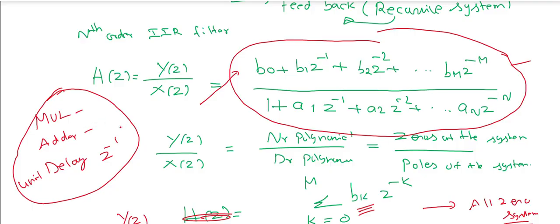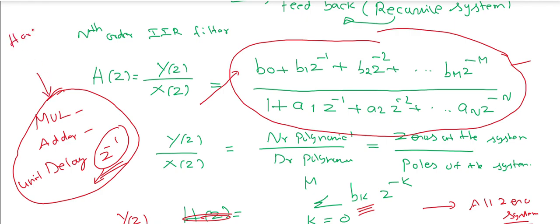So when you go for implementation, how many multipliers, adders and delay elements, that is memory locations, are needed? The delay element is called a memory element, a register. How many memory locations are required to implement this system? How many multipliers? How many adders? So this is hardware realization.